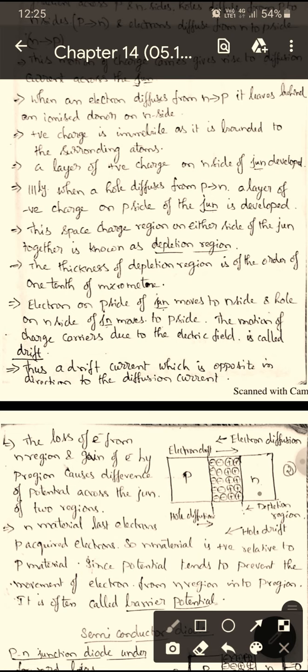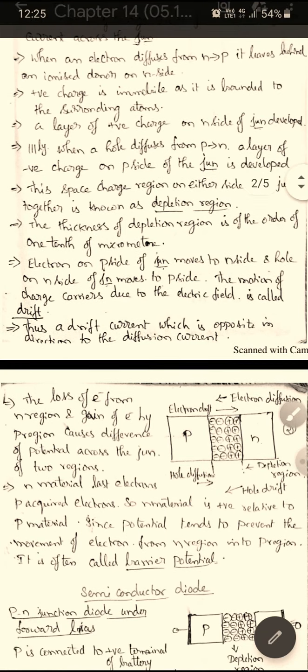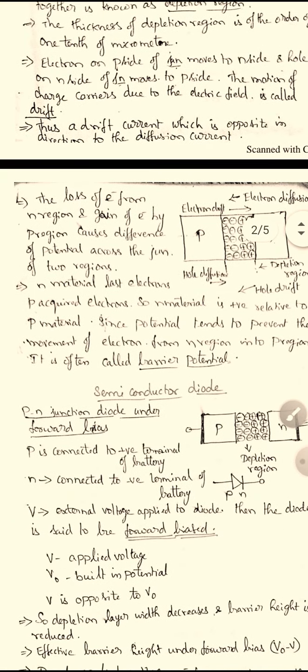The loss of electrons from the n region and gain of electrons by the p region causes a difference of potential across the junction of the two regions.